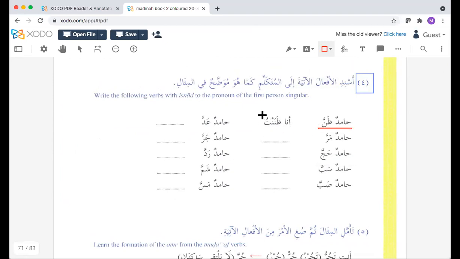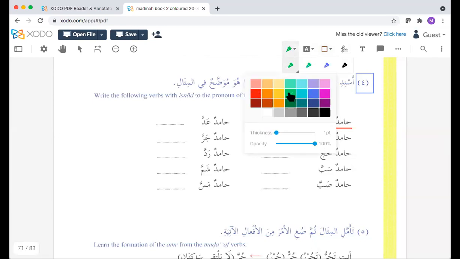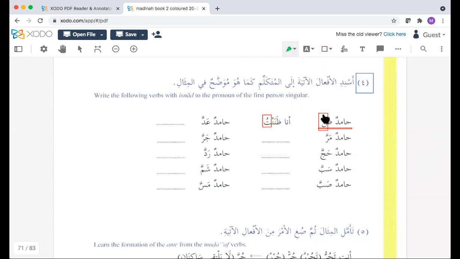When you say ana, because of this damir mutakallim, the damir of I, the noon with a shadda is going to open up and turn into two noons. The first has a fatha and the second has a sukoon. Ana dhanantu.